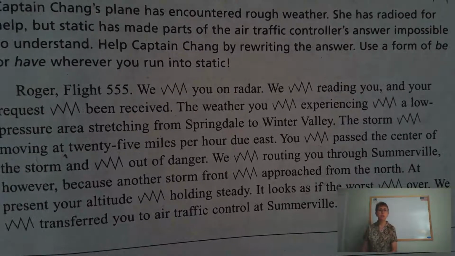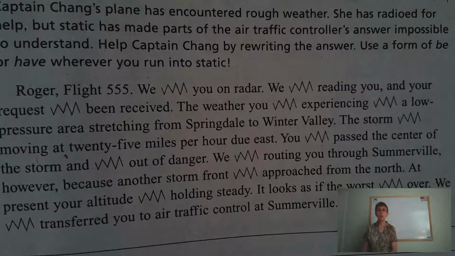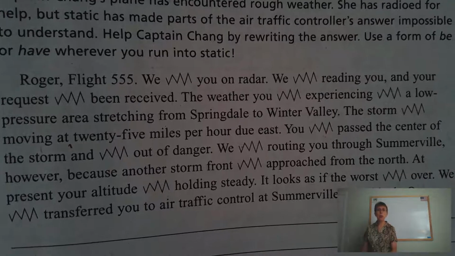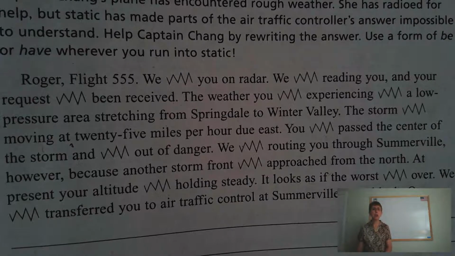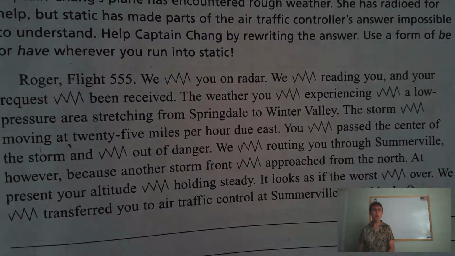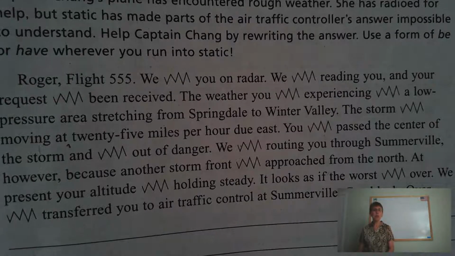Roger, flight 555, we blank you on radar. We blank reading you and your request blank been received. The weather you blank experiencing blank a low pressure area stretching from Springdale to Winter Valley. The storm blank moving at 25 miles per hour due east. You blank past the center of the storm and blank out of danger.